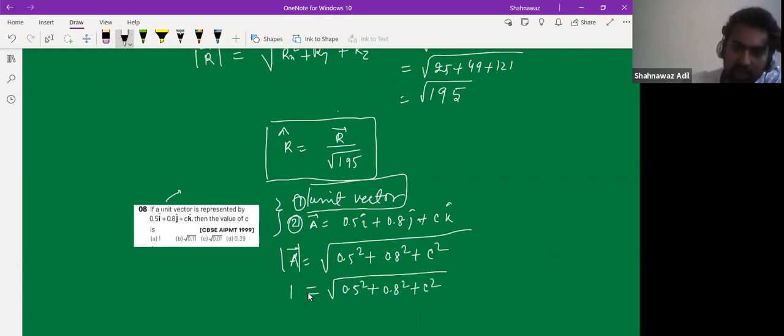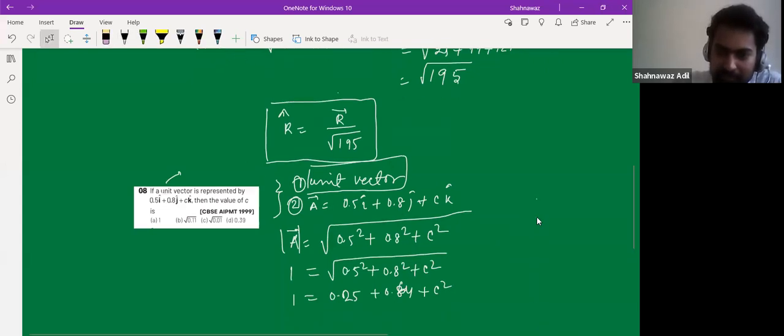So let's square both the sides. This is 1, this is 0.25, this is 0.64, and this is c square.